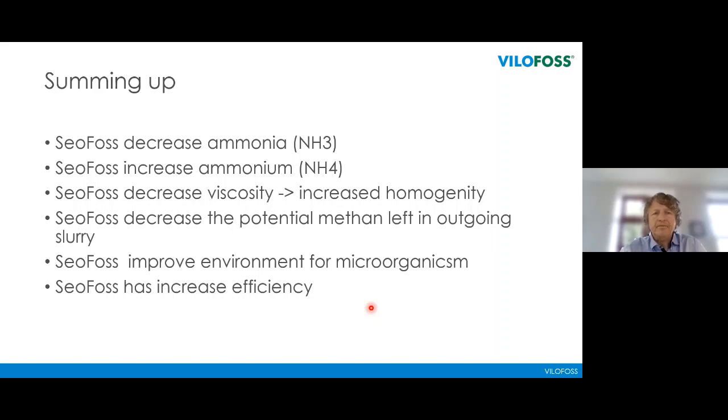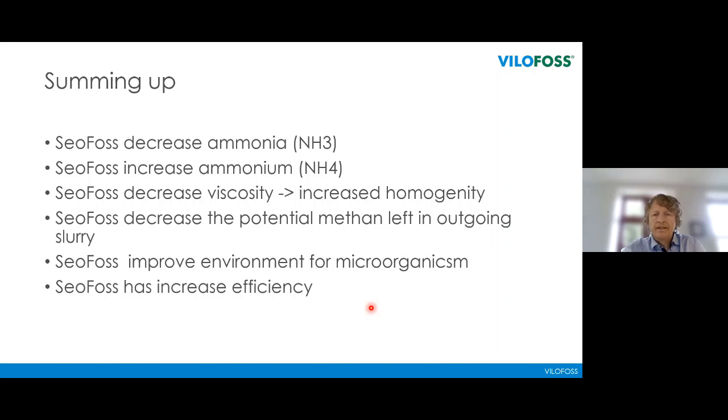Summing up, Seofoss decreases ammonia and increases ammonium. That can be measured from the gas and from the liquid slurry. We saw that the viscosity was decreased, which means we have increased the homogeneity and also the velocity of the slurry in the tank.